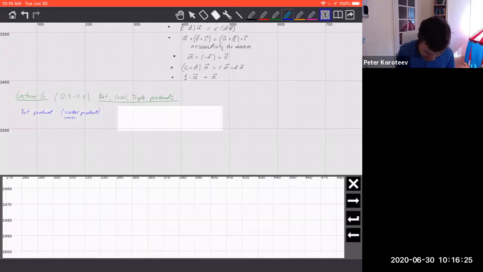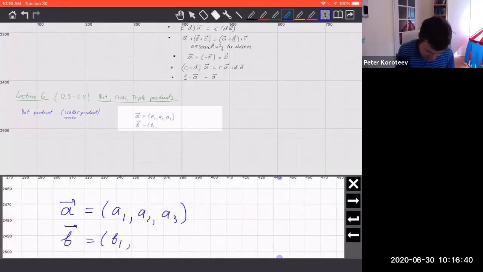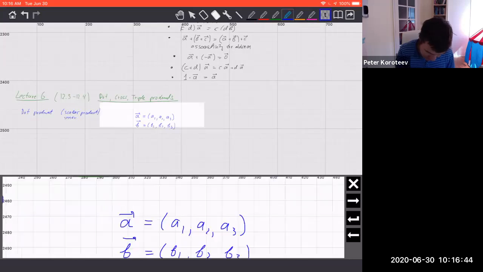This is how it works. Let's say you have a vector A with coordinates A1, A2, and A3, and a vector B in three dimensions with coordinates B1, B2, and B3. Let's write it as a formal definition.